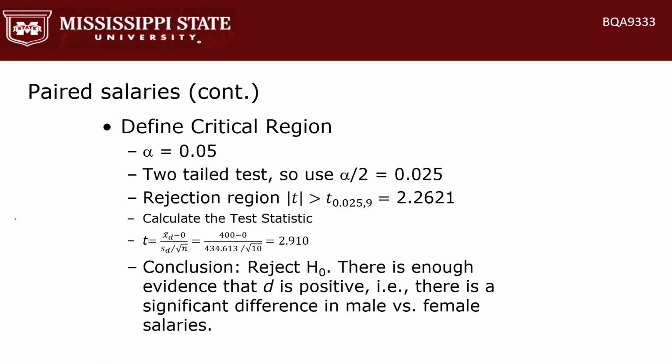Then we calculate the calculated T, x bar d divided by sd over root n. And there's enough evidence that there's a significant difference between male and female salaries controlling for GPA. As I said, in a real life environment, we'd want to control for more variables than this.